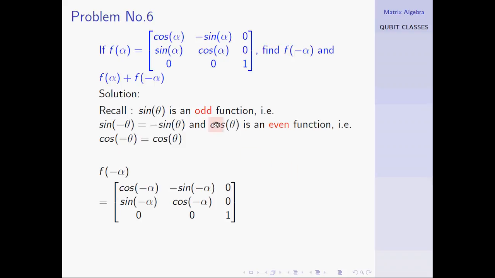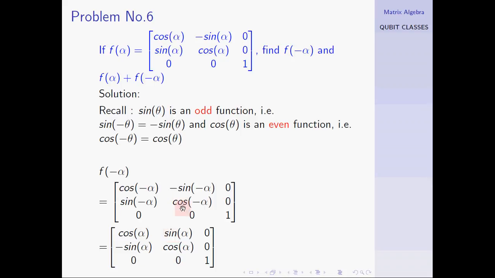Now we'll use the properties of trigonometric functions to simplify this. So cos of minus alpha will be cos alpha, and sin of minus alpha will be minus sin alpha. That minus sign and this minus sign will become plus, so you'll have sin alpha.